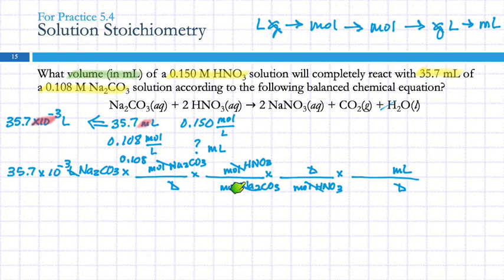And in the middle, we have the mole ratio. And again, that's from the balanced chemical equation. 1 mole of sodium carbonate for every 2 moles of nitric acid. The next one is moles per liter again, and that's the concentration of the nitric acid.